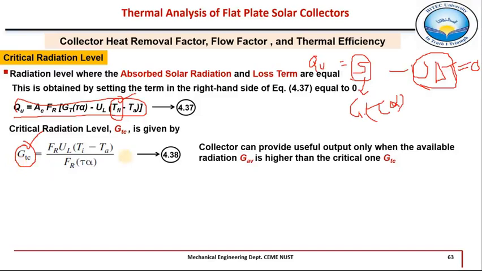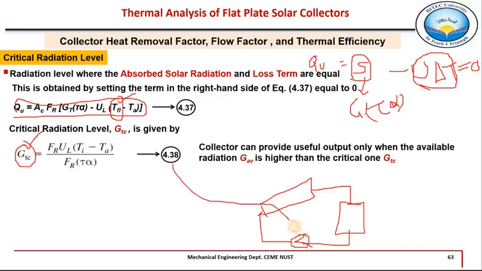We can design our pump on the basis of this equation 4.38: whenever the available radiation is greater than this value, only then should the collector pump be switched on. So here is our solar collector, which is connected to an application or a storage device, and here is this pump. We can control the function of this pump on the basis of equation 4.38, right?